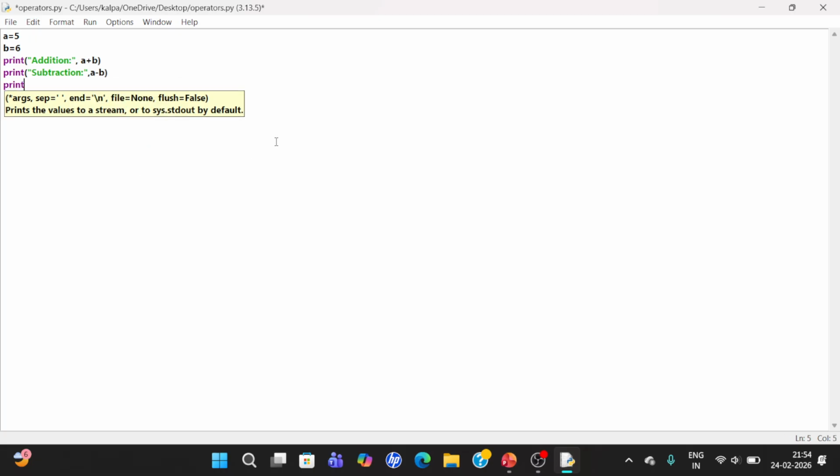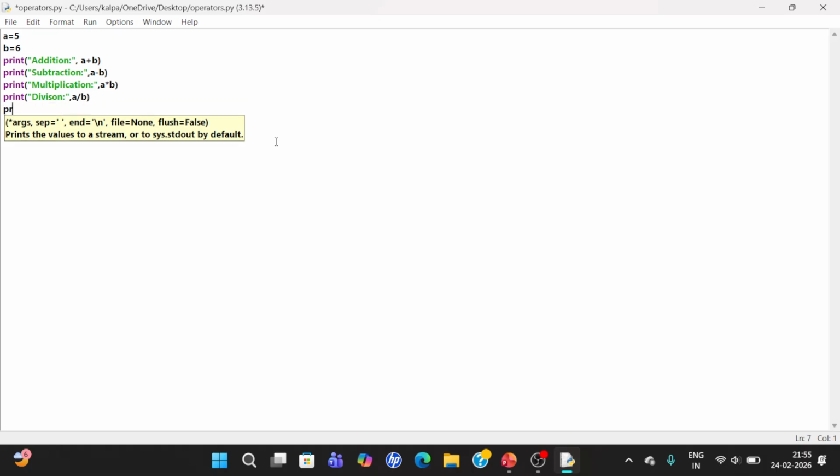Next, print multiplication, a into b. Print division, a divided by b. Print floor division.